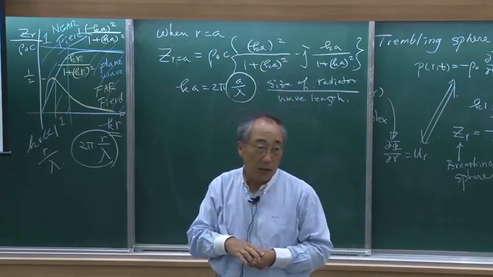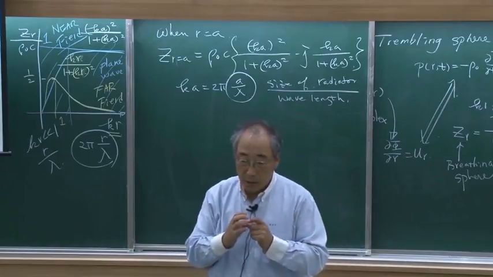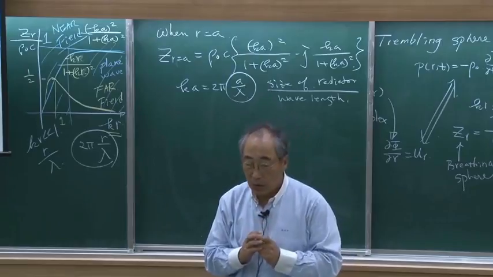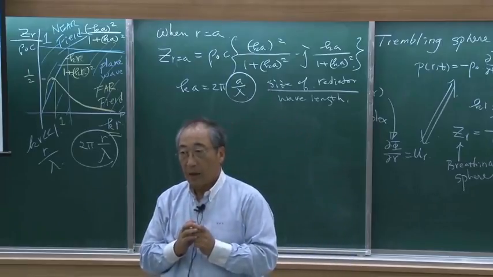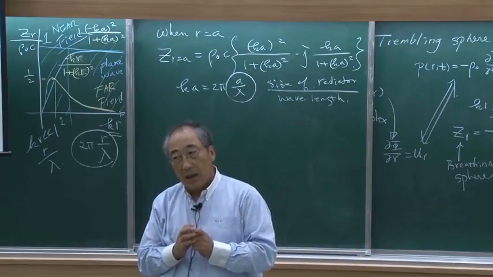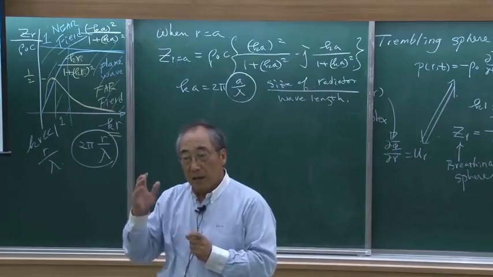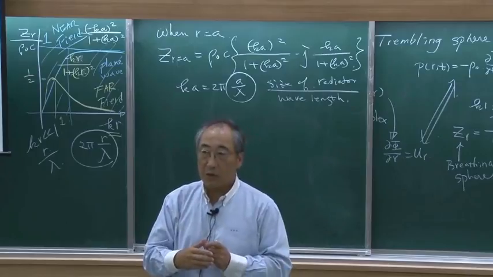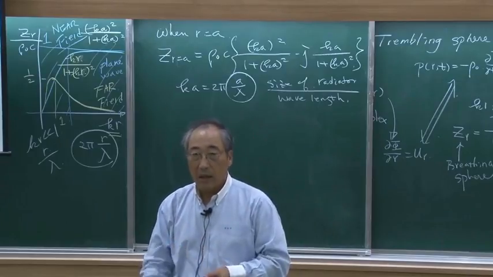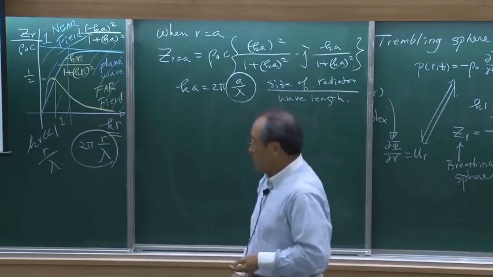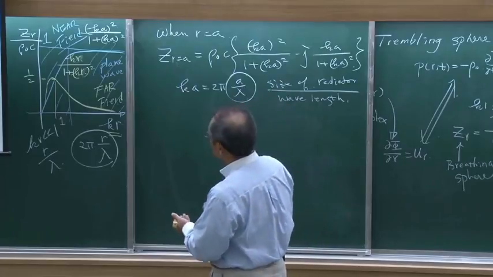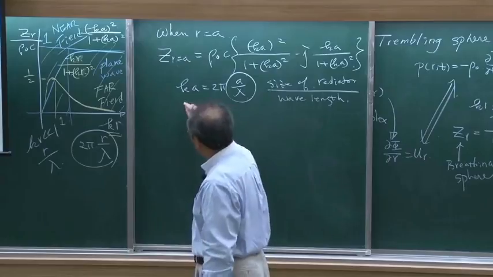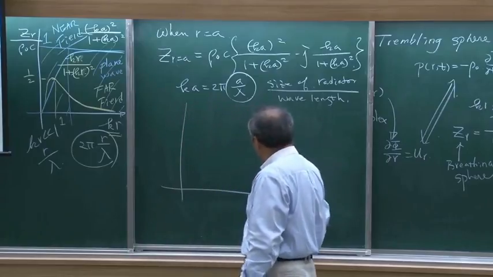What does it mean? That means when we have a radiator whose size is much, much smaller than the wavelength, it is not governed by the real part. It is governed by the imaginary part. That means it's not a good radiator. We will see more details about that. And basically the graph will follow the graph which we saw over there.